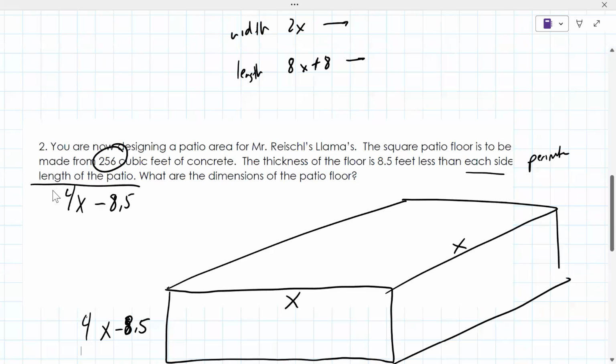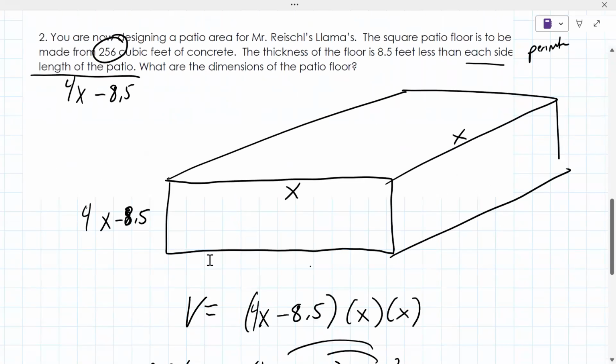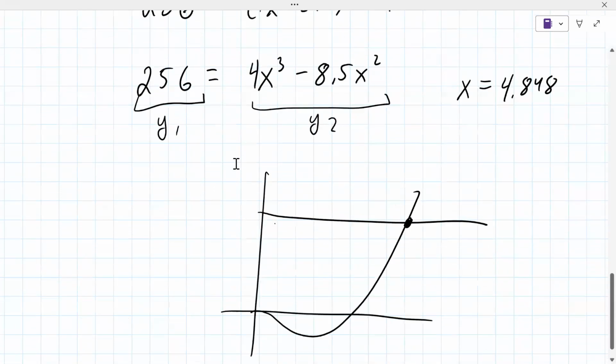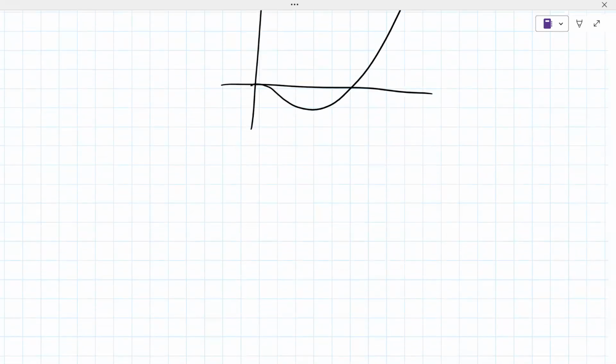So that means that the height, okay, questions on that? Height is 10.892. And it's a weird thickness.